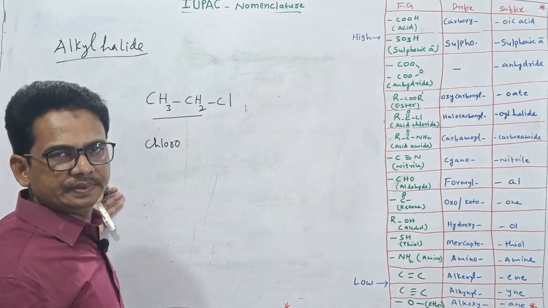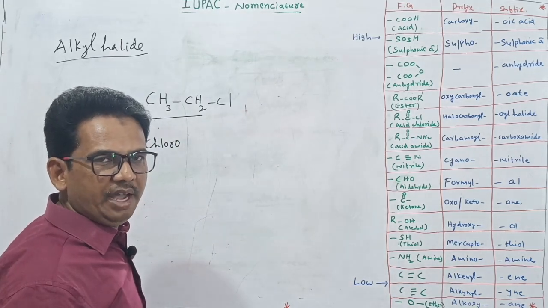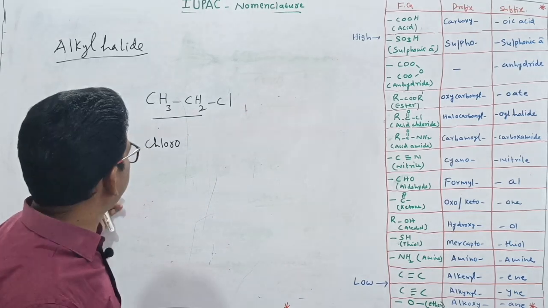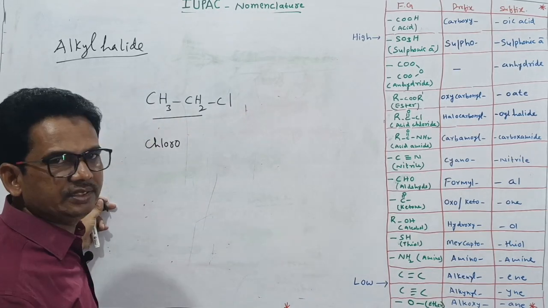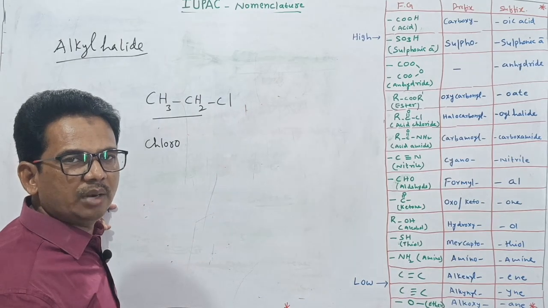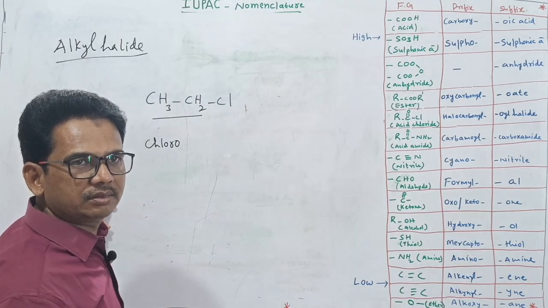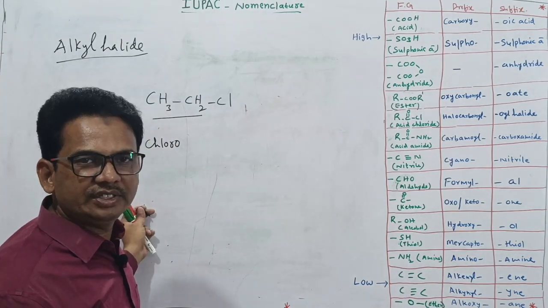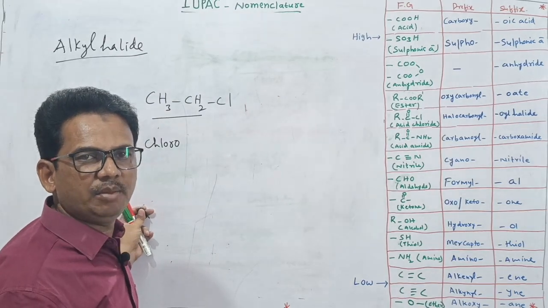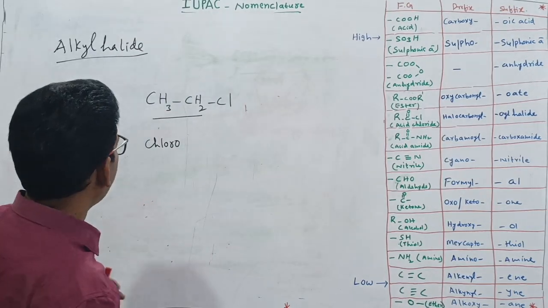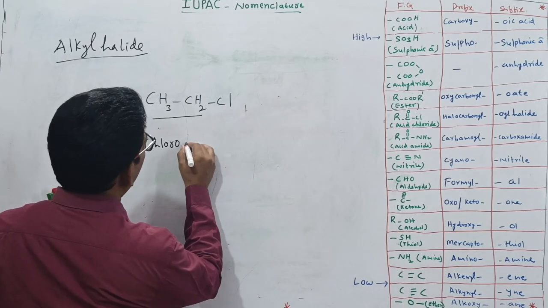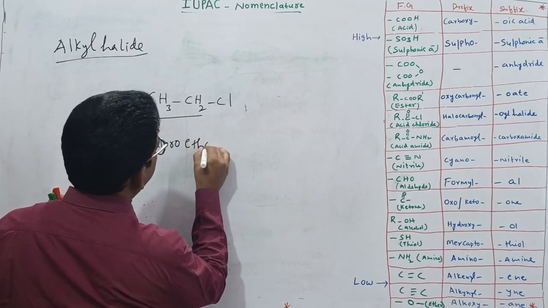Okay. Then what is the name of this one? Alkane names: when it has single bonds, and it has 2 carbons, then what is it called? 2 carbons, word root is what? Eth. It is saturated. That's why it is called ethane, because it has a single bond. Then how will we write the name? Chloroethane.